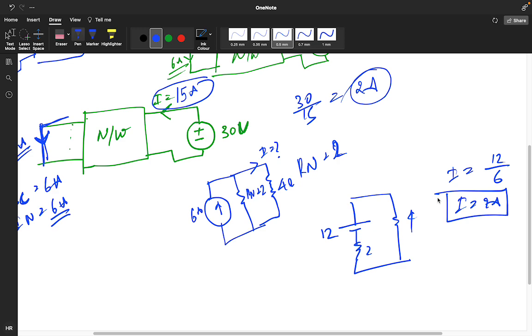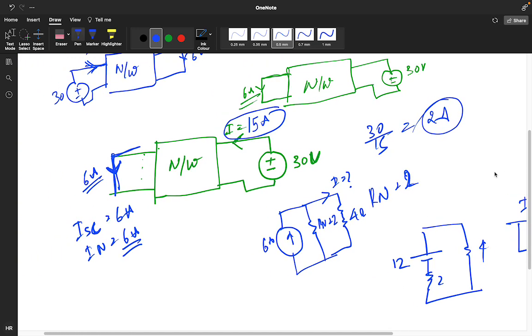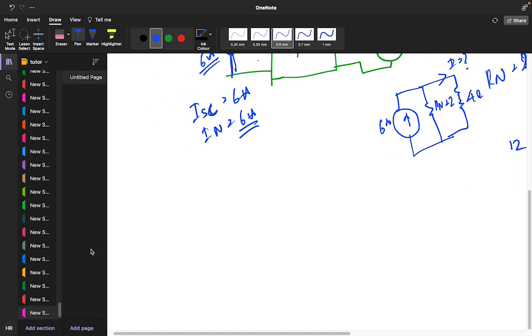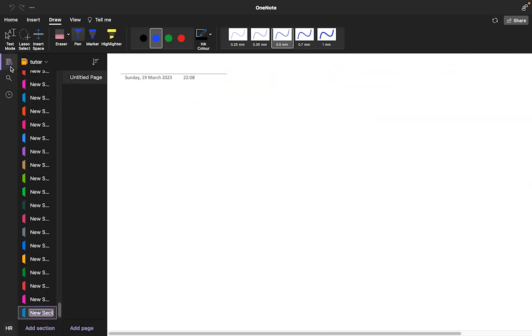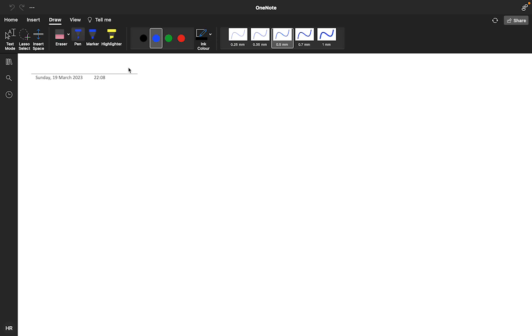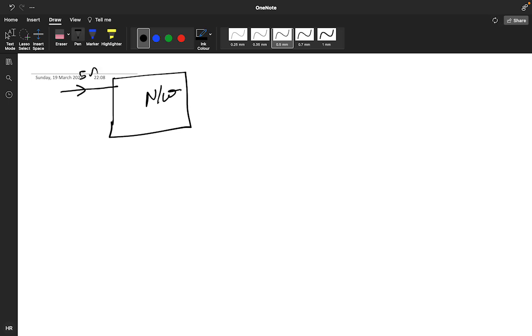Guys, in a very simple way, I will explain these things once again. See, you have a question. This is your network, this is your 5 ampere, this is your positive negative 10 volt, and it is given as 2 ampere.